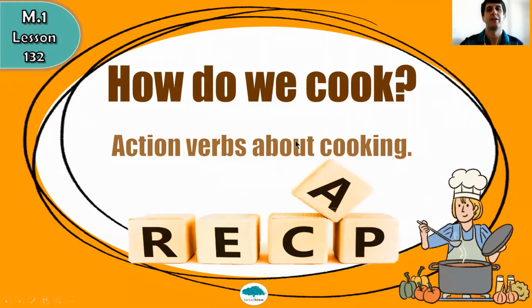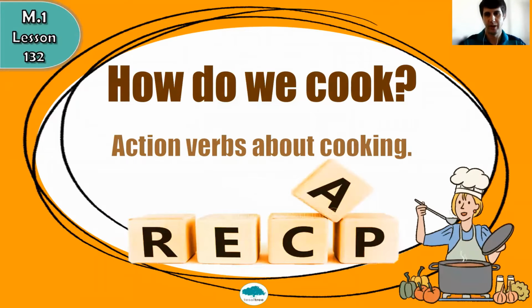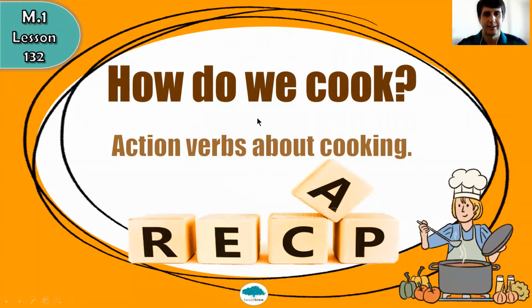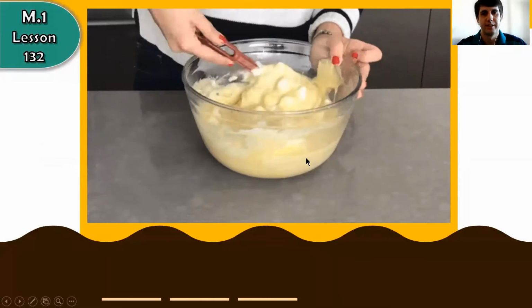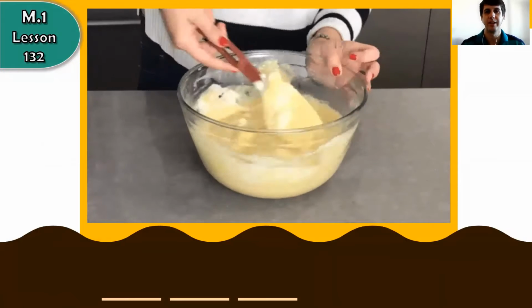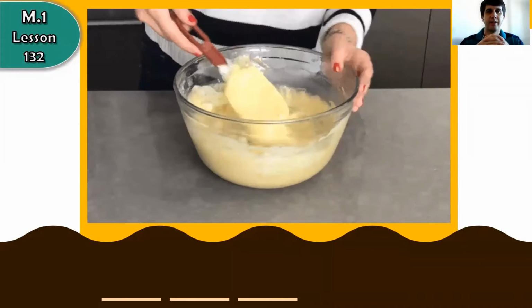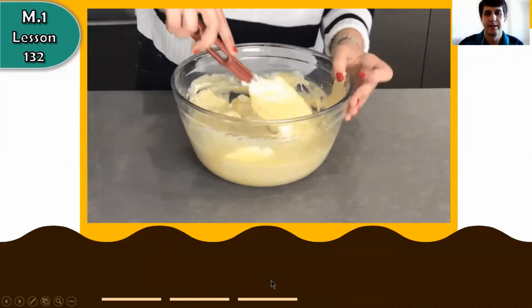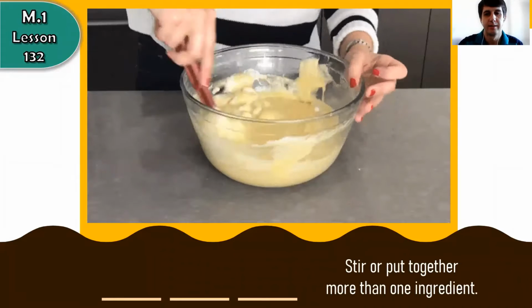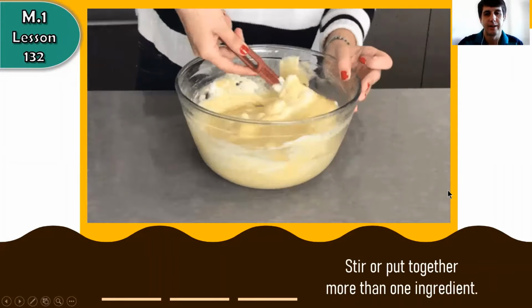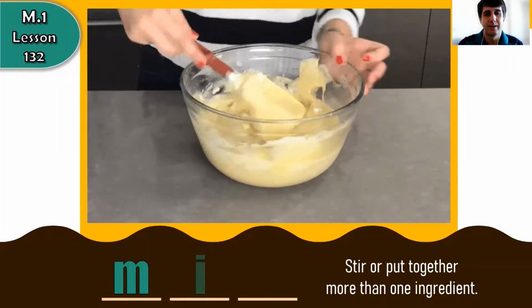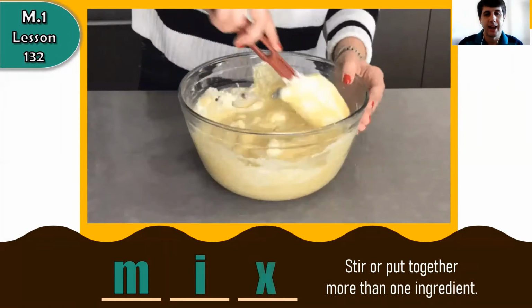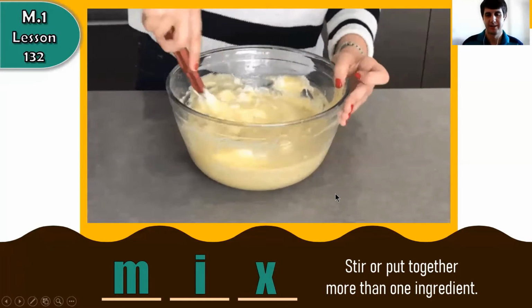Okay, so how do we cook? Let's recap the action verbs about cooking that we learned yesterday. Do you remember what this was? When we have different ingredients, we want to put them together. We mix, M-I-X, mix.